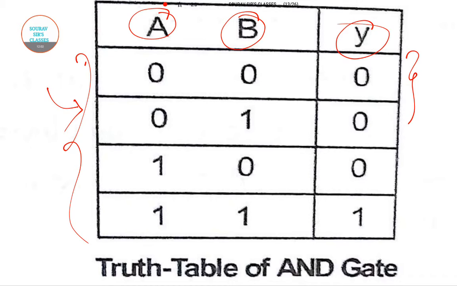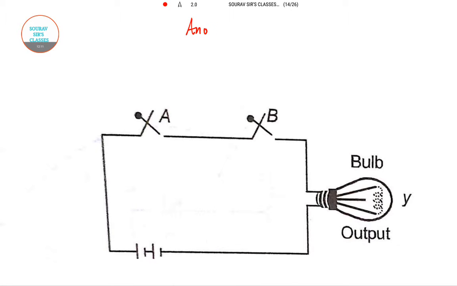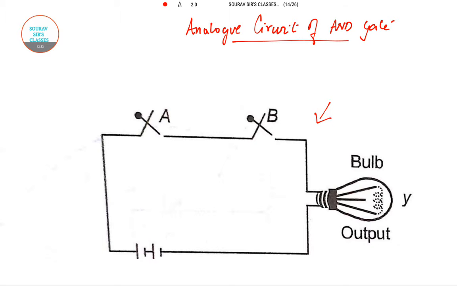Now we will move on to the analog circuit of AND gate. In the last segment, combining all the 4 cases, we will see how we can fit in this particular diagram. So this is the corresponding diagram of the AND gate analog circuit. It is an electric circuit.